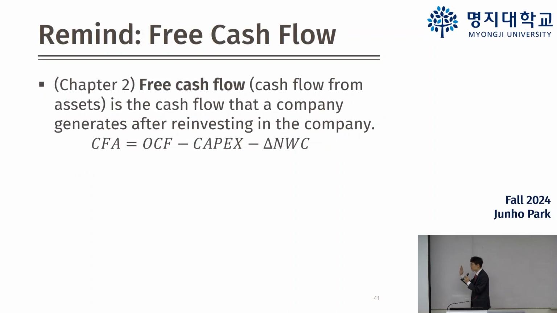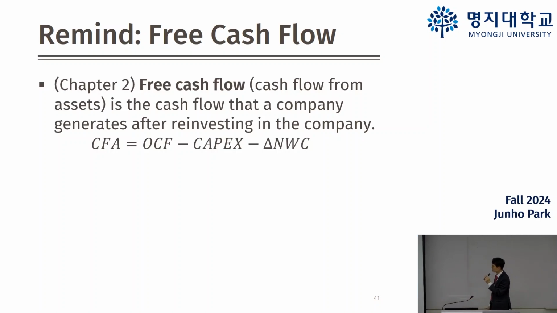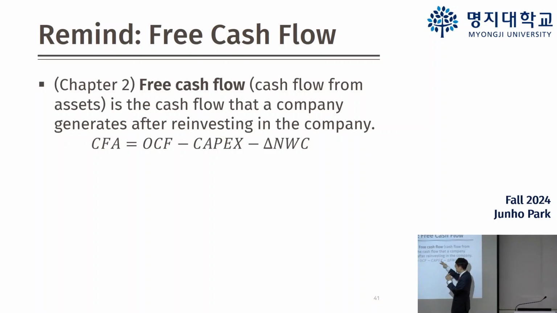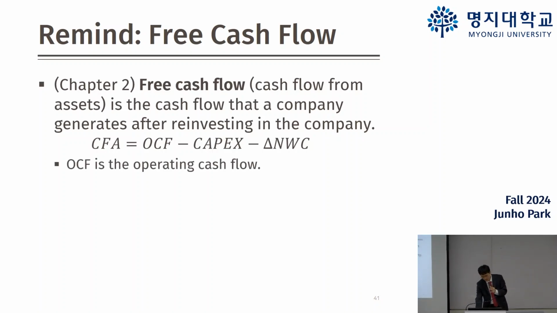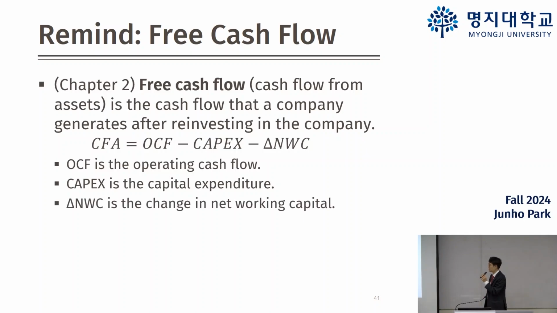So in this procedure, for every upcoming year, you need to get the free cash flow, also known as cash flow from assets. And this free cash flow has three components: the operating cash flow, capital expenditure, and finally the change in net working capital.